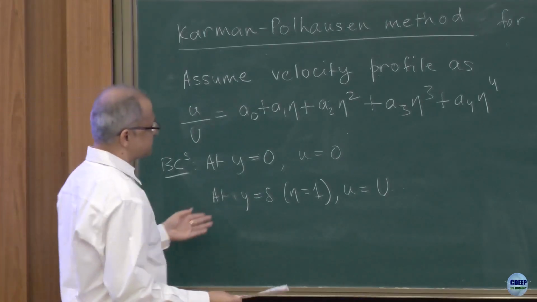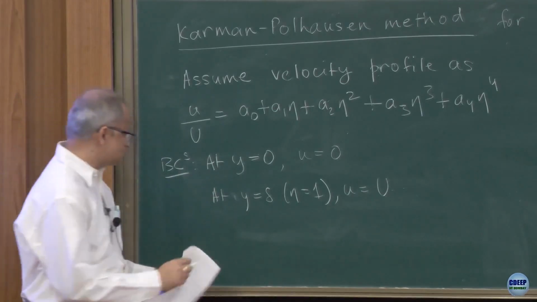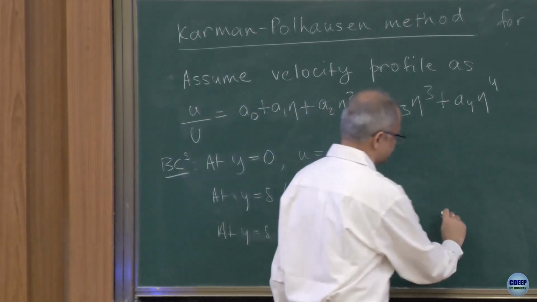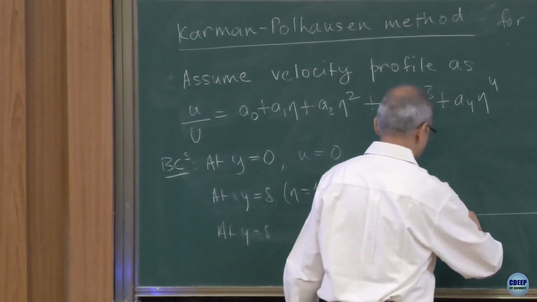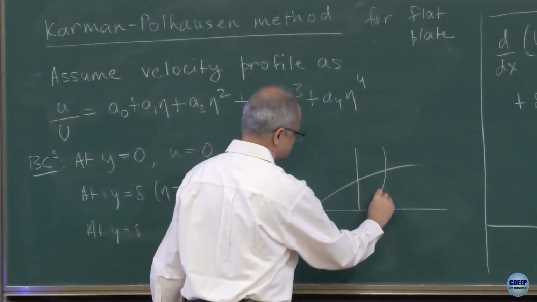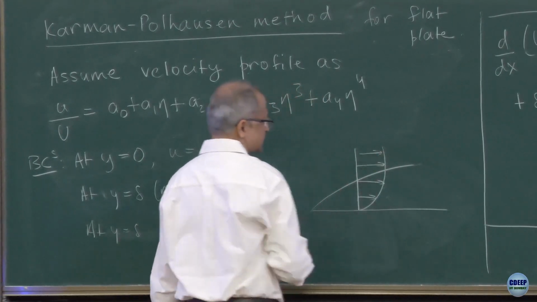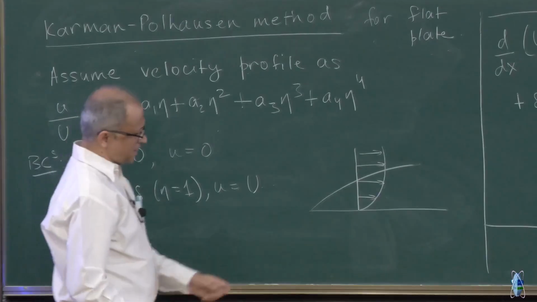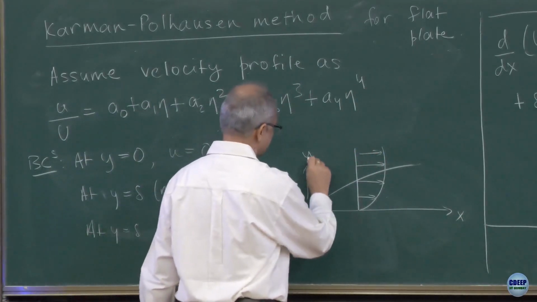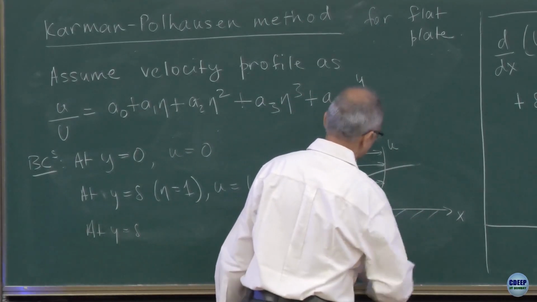What else do we know? At y is equal to delta, maybe you can plot the velocity profile. This is my boundary layer at any cross section, and this is how the velocity profile looks. This is the x direction, this is the y direction, this is the u component of velocity, this is my plate.